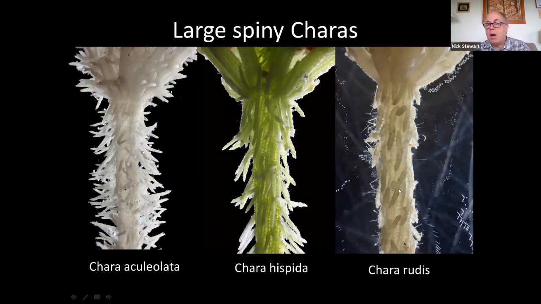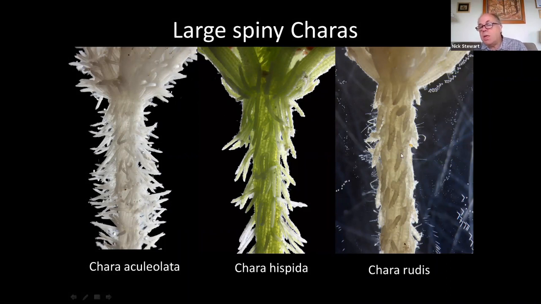And similarly in Chara rudis, and the difference between these two is that you'll see here the spines are quite slender and they're always pointing towards the center of the internode, at least the major ones. You might get the odd one that's pointing backwards, but if you see here, they're also sticking out from the stem to some extent, so angled out from the stem.